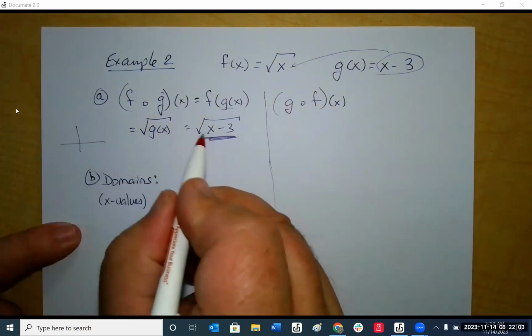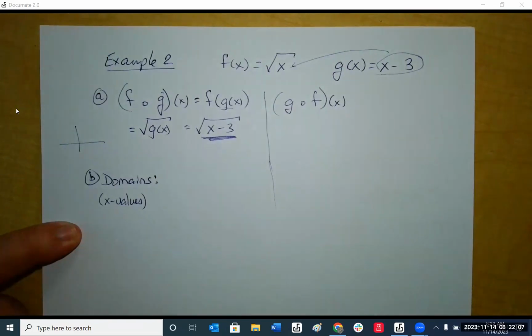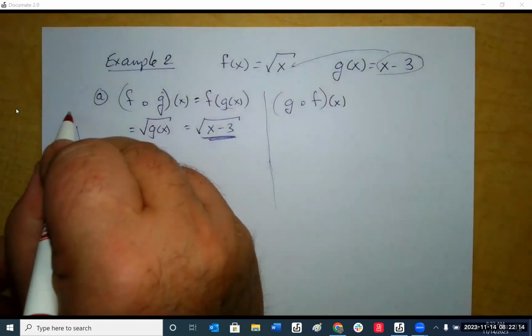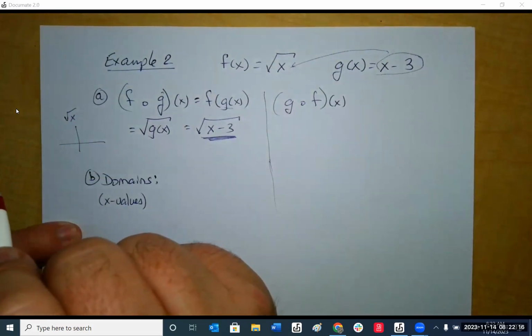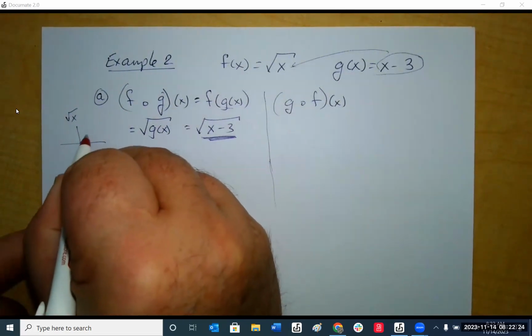What does the graph of this look like? Yeah, that's why it's easy if you memorize them. The graph of the square root function looks like what? Right. It starts at 0 and it goes like this.